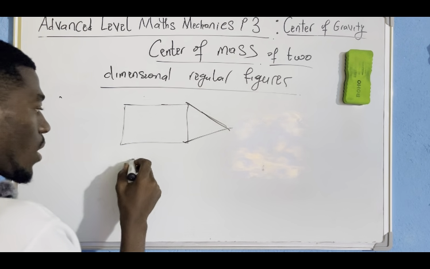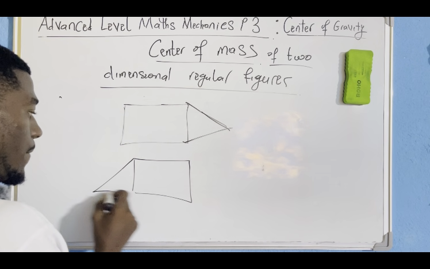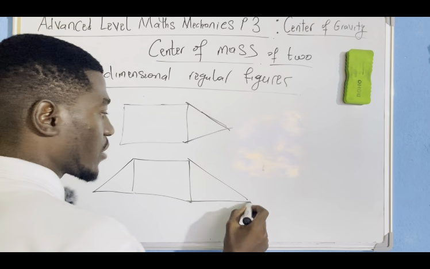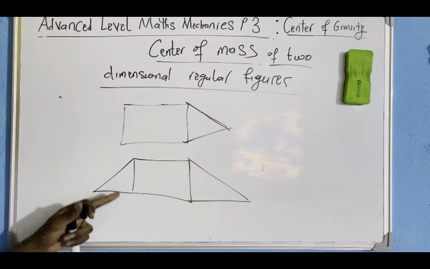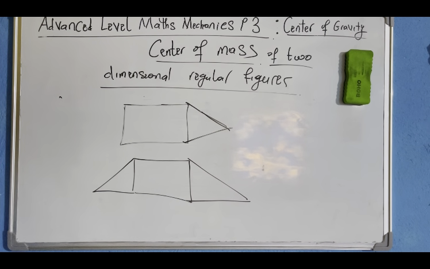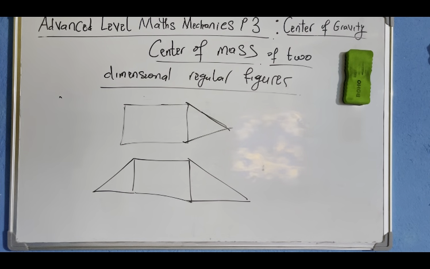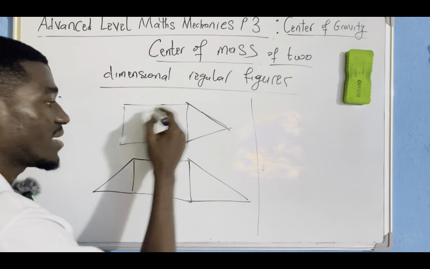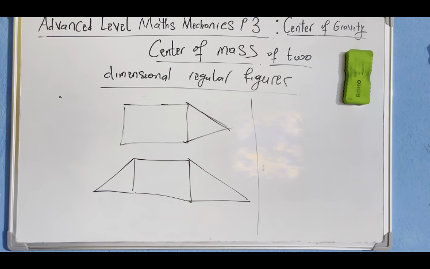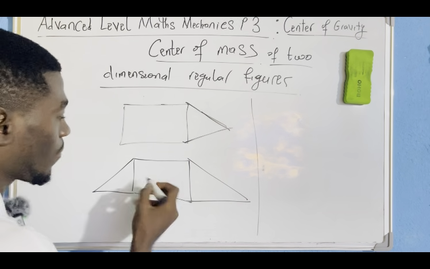Now I can have another one like this, a trapezium. A trapezium combines how many figures? 1, 2, 3 plane figures. To find the center of mass of a lamina of combined plane figures, you cannot directly identify the center of mass.